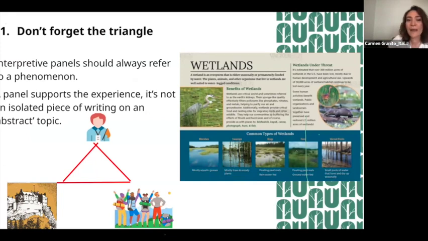They are not just about general topics. For example, you can see here, this is one of these examples where, what is the panel about? It's about wetlands. Yeah, so what? Panels are not books. There's nothing wrong with books, of course, but panels are doing a different job.